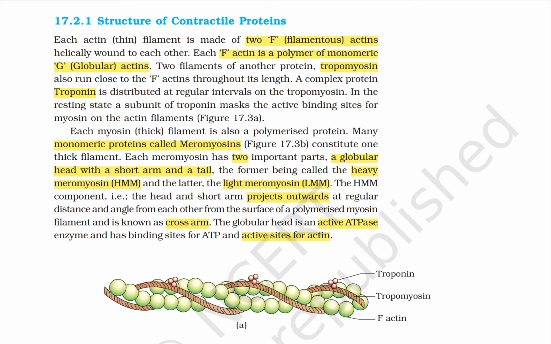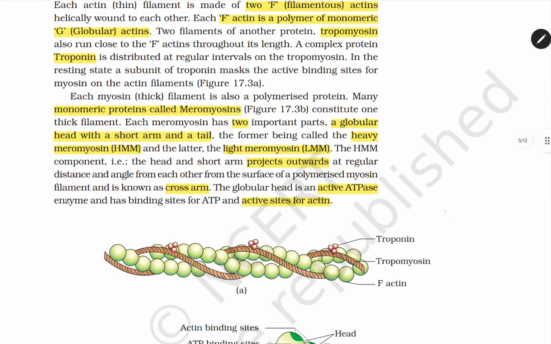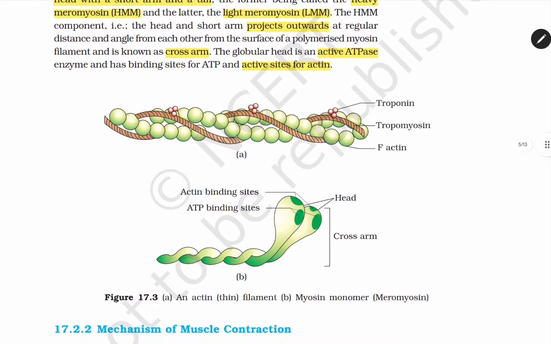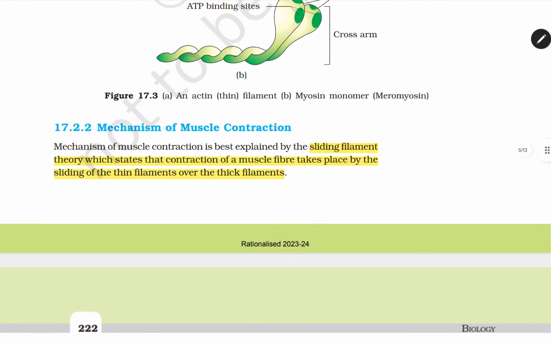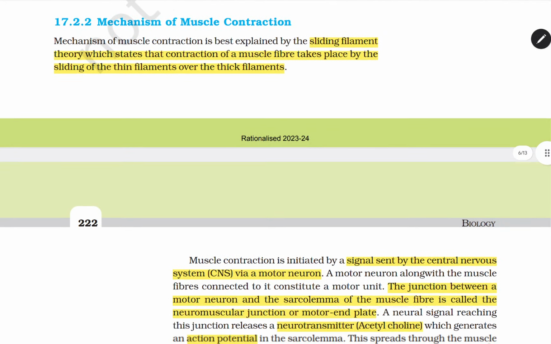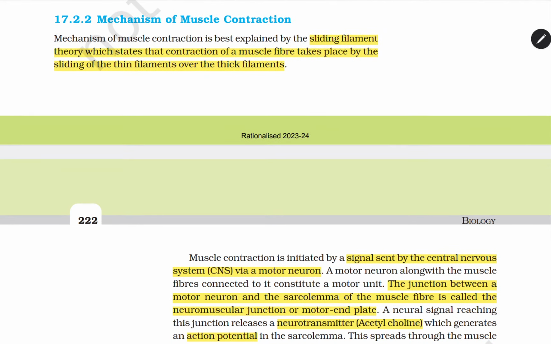The HMM component, the head and short arm, projects outward at regular distance and angle from the surface of the polymerized myosin filament and is known as the cross arm. The globular head is an active ATPase enzyme, with a binding site for ATP and the active site for actin. Remember. Now, mechanism of muscle contraction.